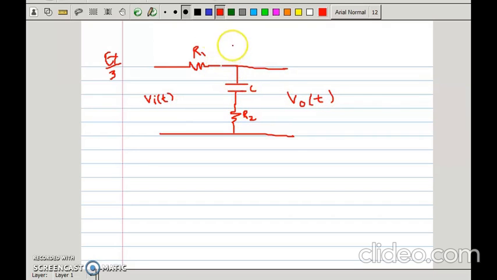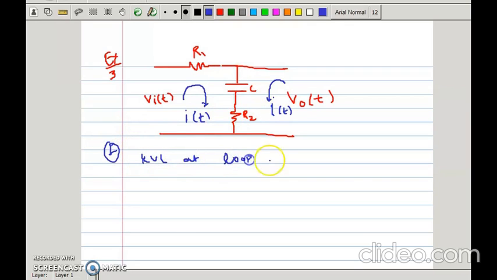Let's solve. Again, same. What is the first step? We are considering current from this loop. So we are considering I of t, and here again the same current we are considering, that is I of t, right? Because there is a single loop. Okay. Let's start. Apply KVL at loop 1. When we apply KVL at loop 1, what happens?